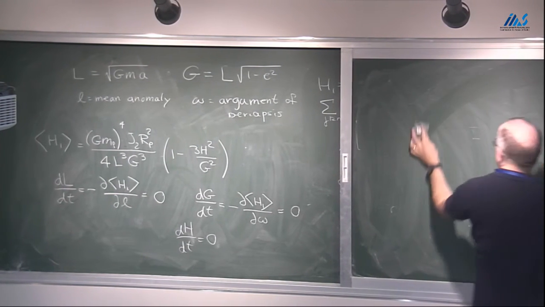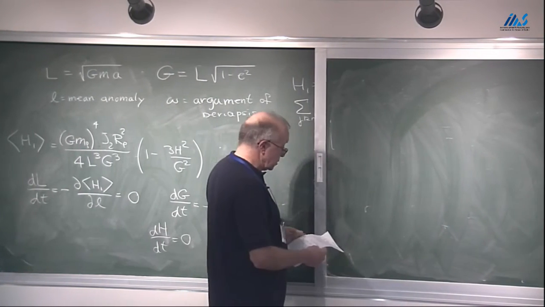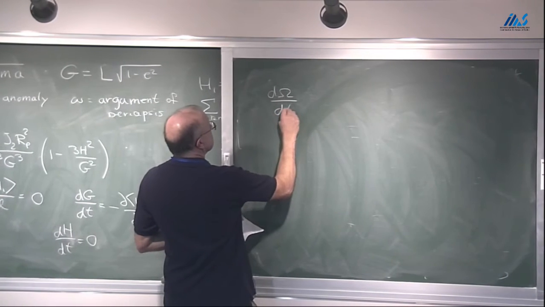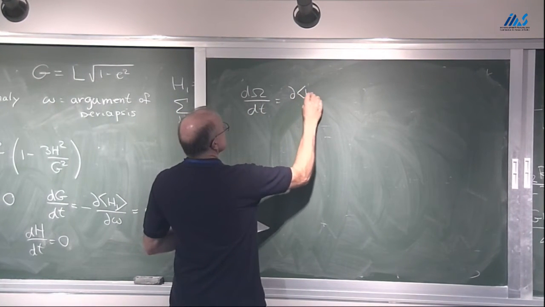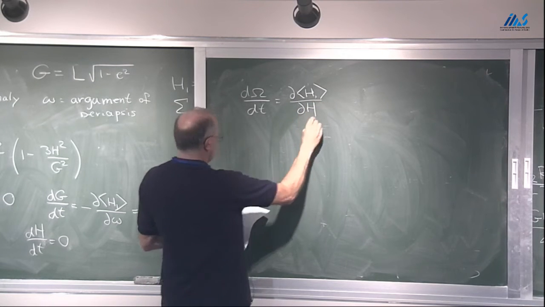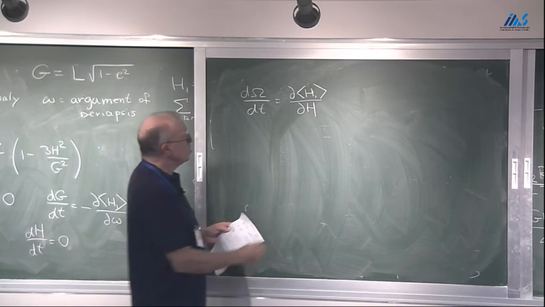not surprisingly, you find that the node of the satellite precesses. dΩ/dt is the rate of change of H with respect to the Delaunay variable.